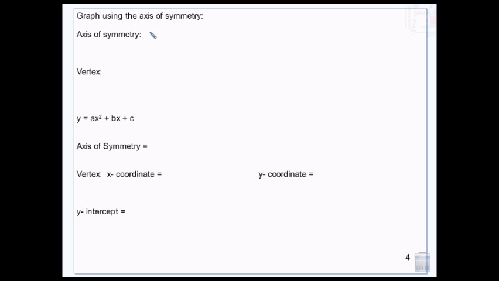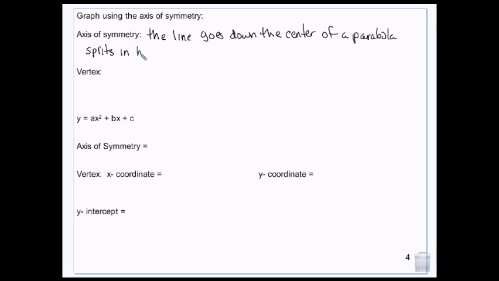That's okay. There's another method. The axis of symmetry is the line that goes down the center of a parabola, and it splits it in half equally.